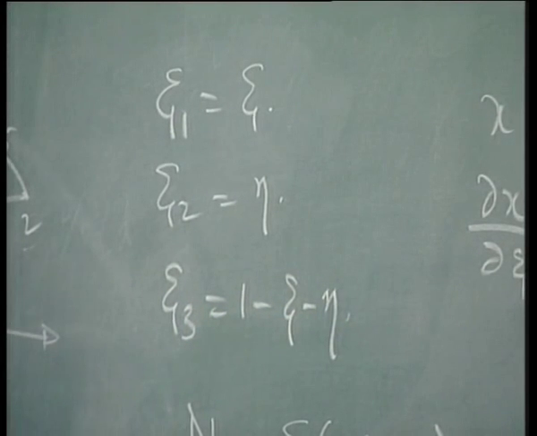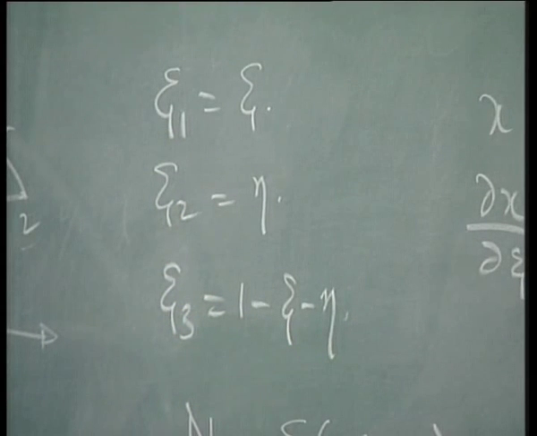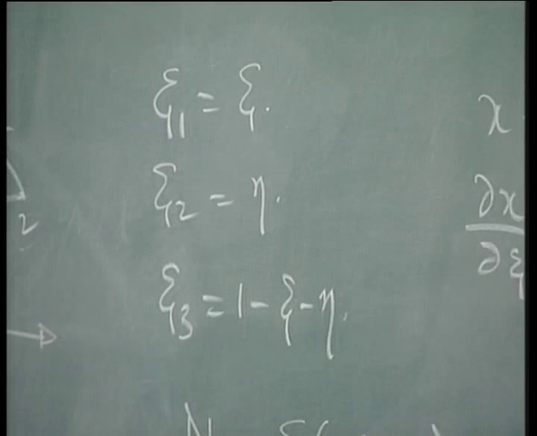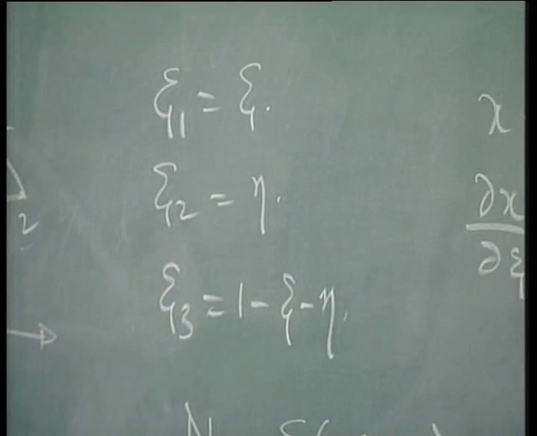You can retain psi 1, psi 2 and 1 minus psi 1 minus psi 2 and call psi 1, psi 2 as psi, eta. I did this because psi and eta are the two coordinates, so I wanted to develop it in the same language, that is all, nothing more than that. Because I have to introduce this, they are not independent, they are dependent, that is what I did.